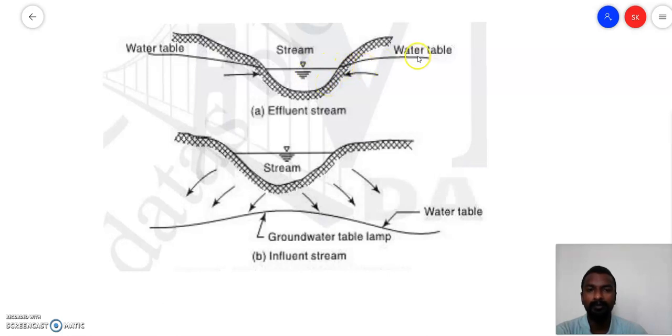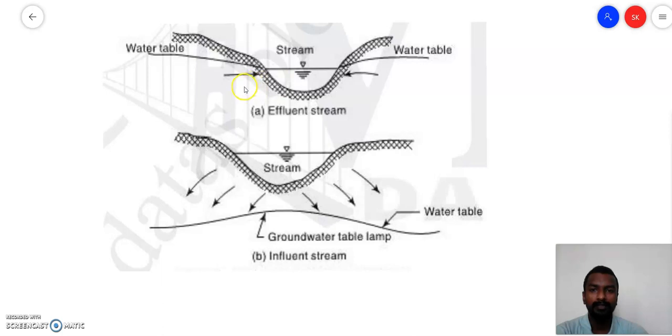When there is rainfall, the water table level rises, and from this stream up to a very long distance, a large area is covered which contributes water to the stream. The discharge may be small, but it is continuous and there for the entire year. So this water table continuously supplies water to the stream, and that's why this stream generally flows for the entire year.